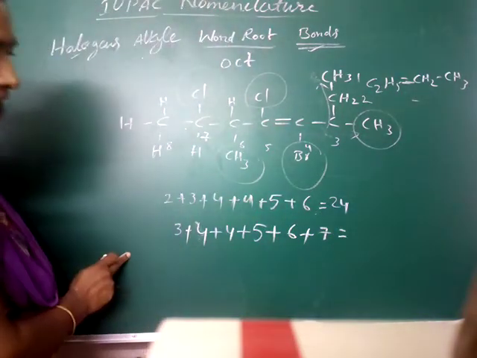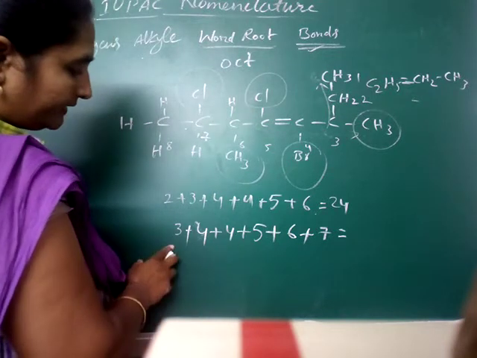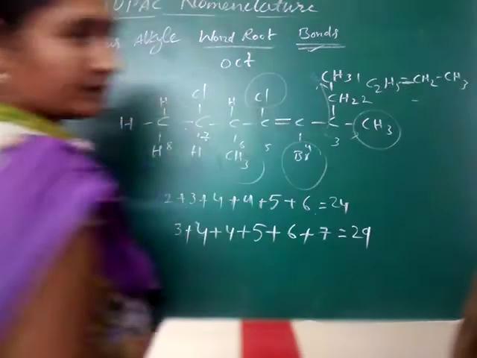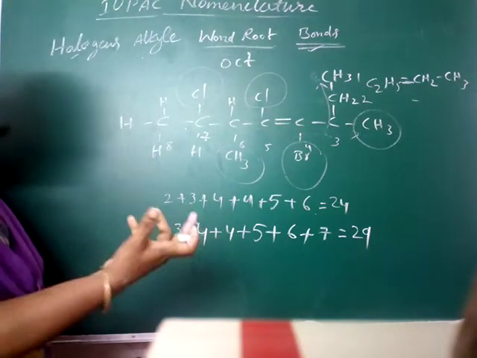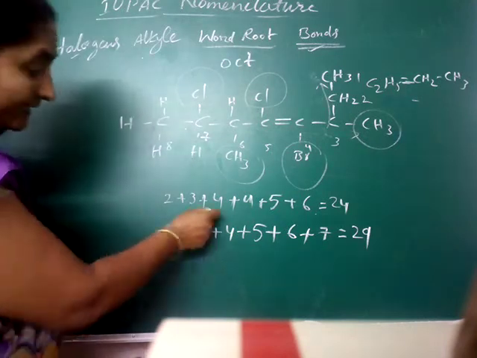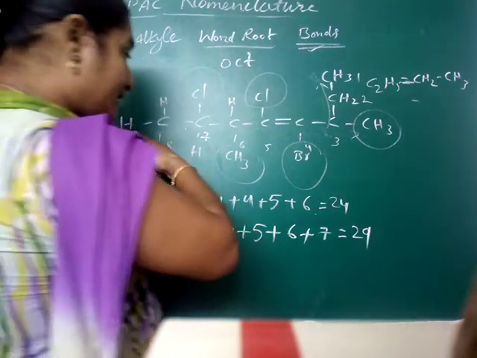Now you add all these numbers. How much will you get? 8, 10, 11, 16, 22, 22 and 29 you will get. Okay, which will get the smallest number when you are adding the branches? You will get this one. Understand? That's why you have to number from here.